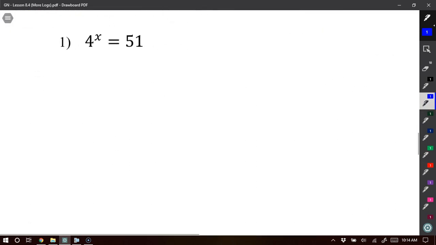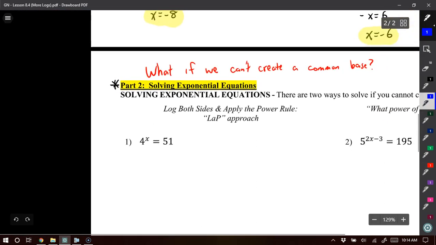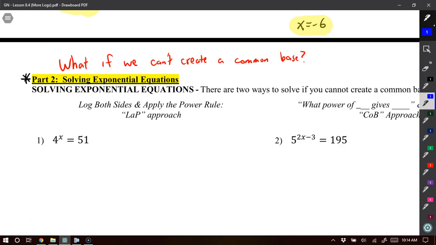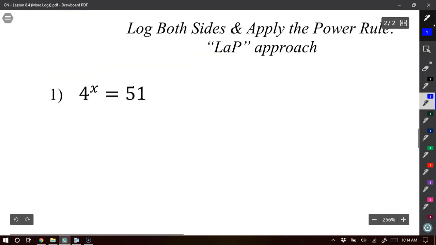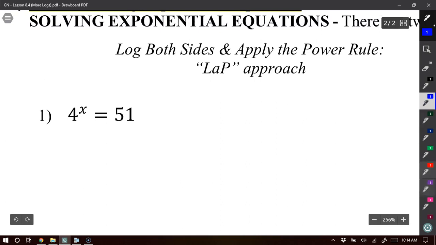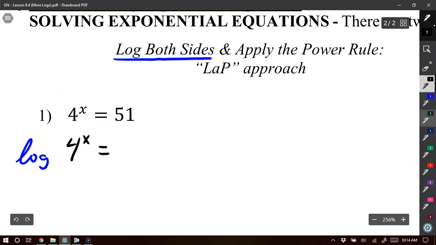So if you cannot create common bases, so what if we can't do it? What you do is the first part. You are going to take the log of both sides. So I'm going to take the log of 4 to the x, and I'm going to take the log of 51.